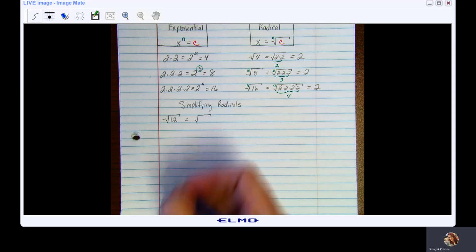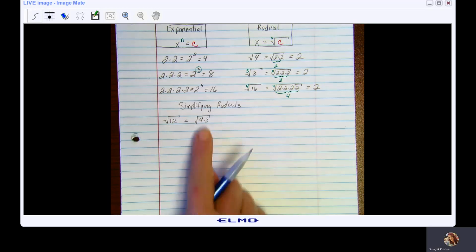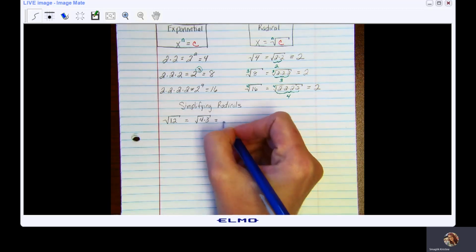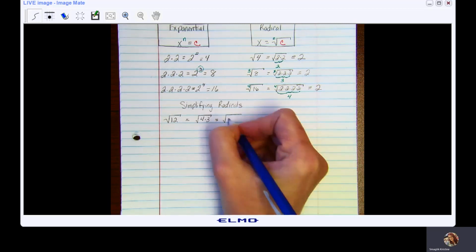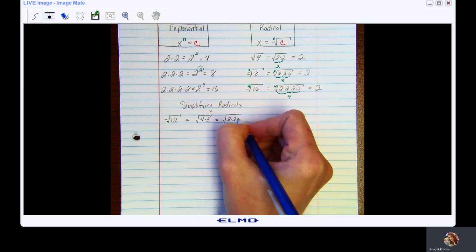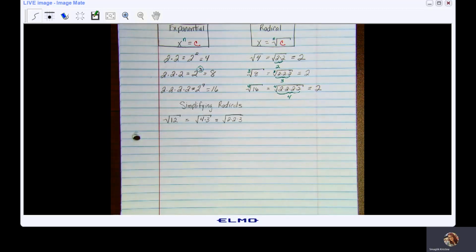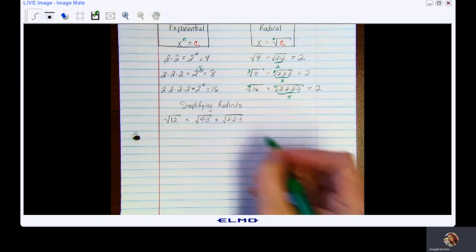So I think of 12 as 4 times 3. And now some of you might already be saying, okay, 4 is a perfect square, we can reduce that. I'm just going to take it all the way through because sometimes it's not as obvious. So if I continue to factor this out, 4 is 2 times 2. 3, I can't factor that out anymore. So now notice here, I'm looking for a root of 2. My index is 2.